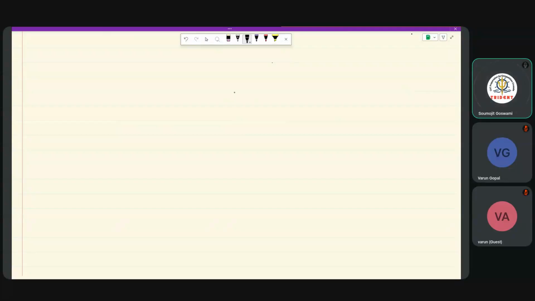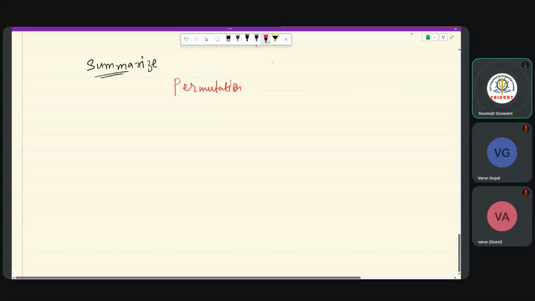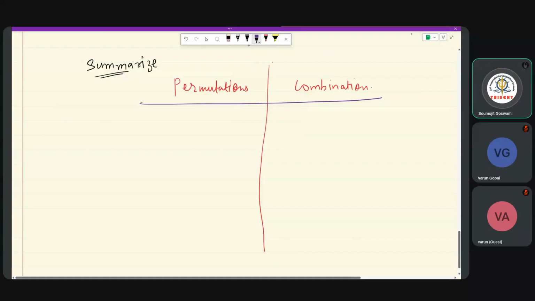Chalo, let's quickly summarize whatever we have learned. We have permutations in one of the columns. The other column will have combination. What is the formula for permutation? NPR. What is the formula for combination? That is NCR.